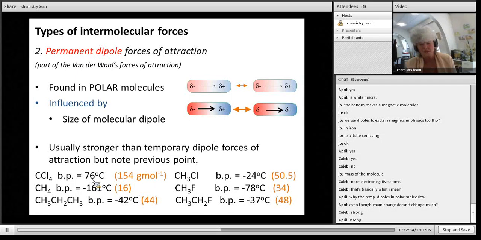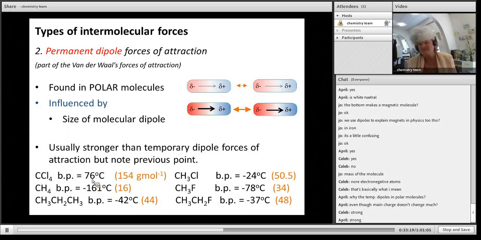Strong, correct. Because you must clearly state that you need a lot of energy to separate the molecules from each other. Remember, boiling means we're going from liquid to gas, so in a gaseous phase all the molecules have separated from each other, so you've broken all the intermolecular forces between them.